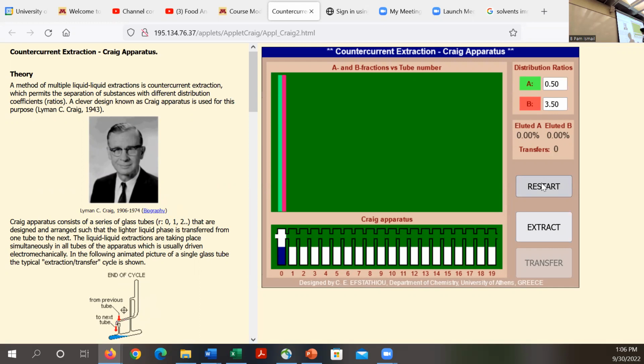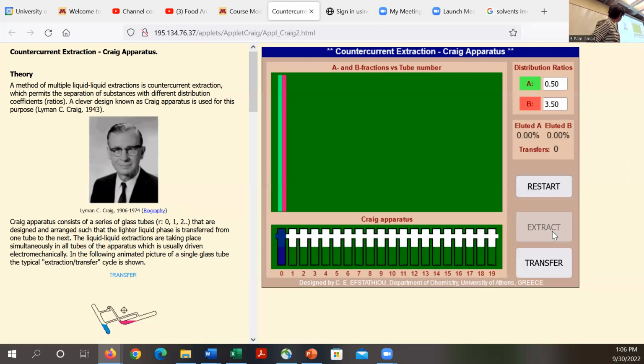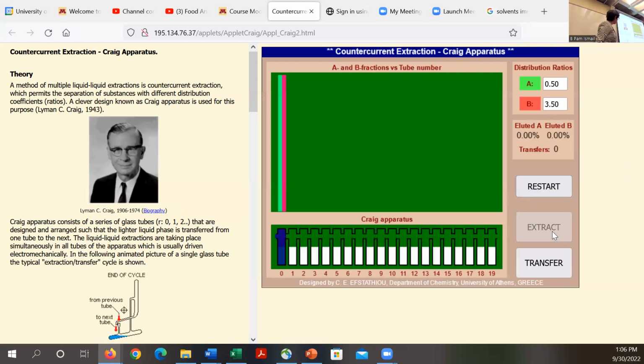So I will hit start so you can see. Extract. Okay. So shaking, I have these two compounds, B and A. The B is the red, pink, whatever, and the A is the green.